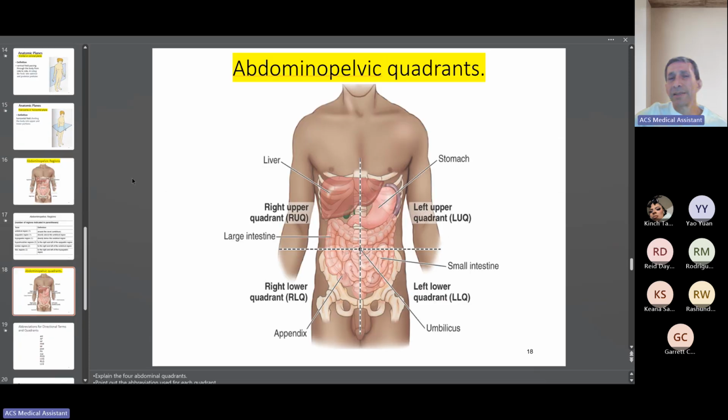Okay, so let's talk about the quadrants. This diagram or table is most commonly used compared to the abdominal pelvic regions. So here is more of a generalization. Once again, we're going to start with the umbilicus.